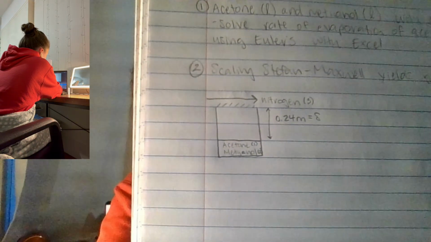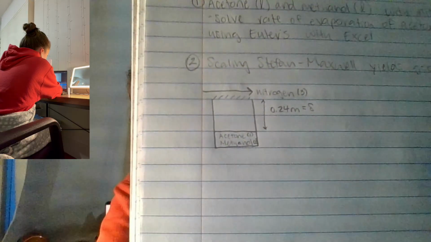That length is going to be 0.24 meters. We also have a molar concentration percentage associated with the acetone, methanol, and nitrogen. Since those are the three components in our system, all of those fractions will add up to 1, or 100%. This is what I have written here, and I've associated that distance as delta.